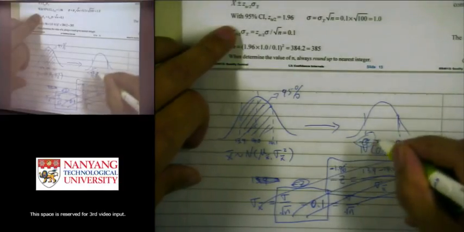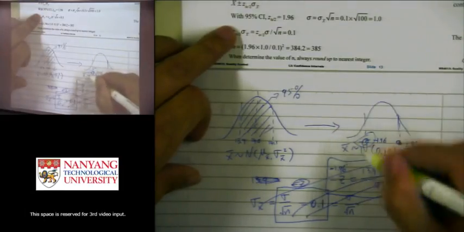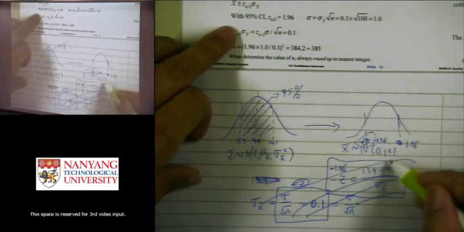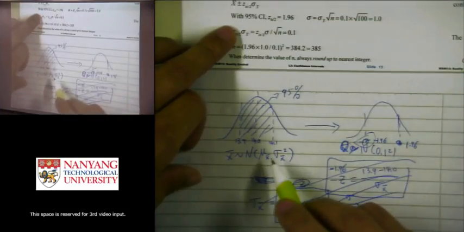Six minus 1.6. This is the x bar. Satisfy this. This is the standard normal distribution.